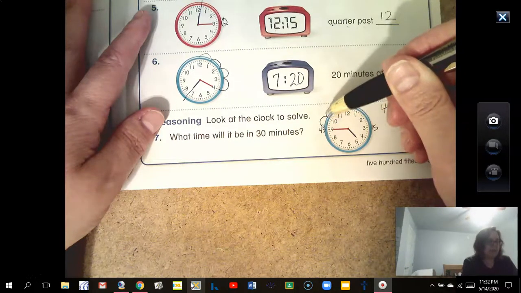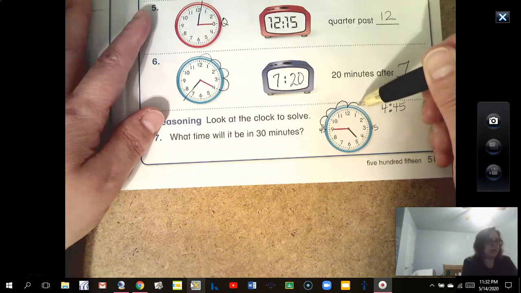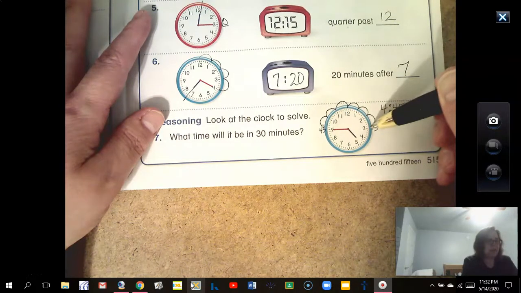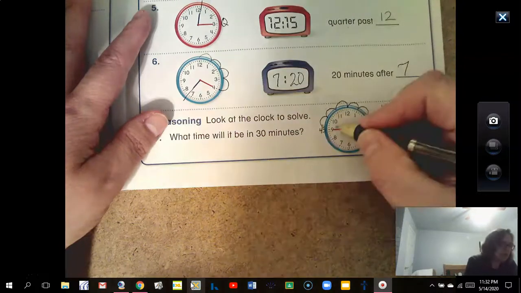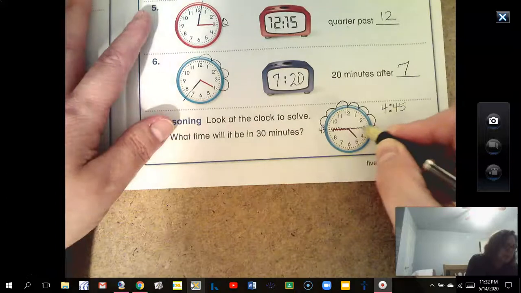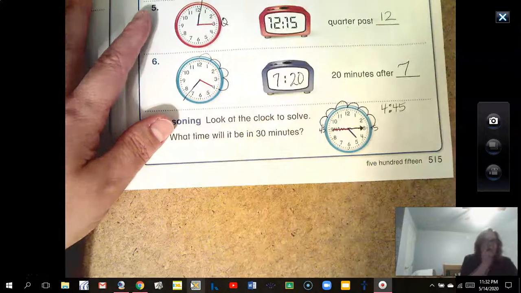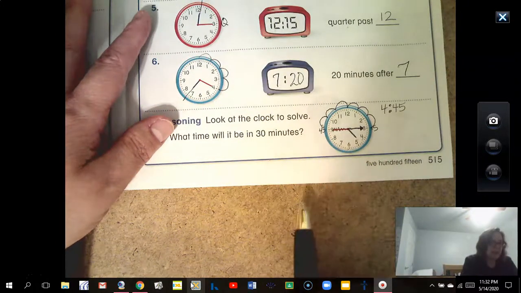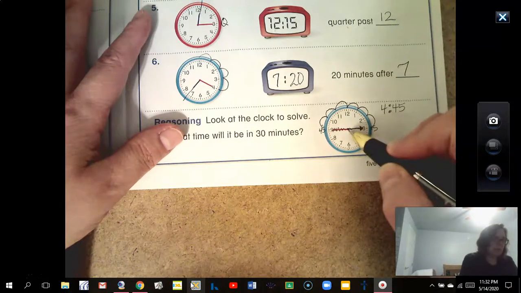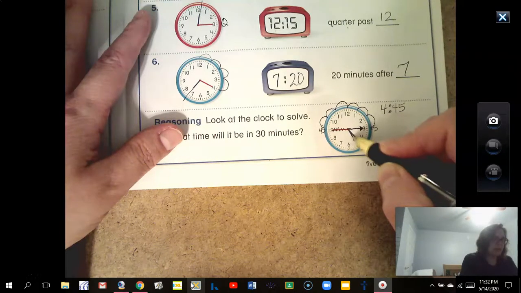5, 10, 15, 20, 25, 30. So now I'm going to move this minute hand like that. I'm going to move it over here. So now this is our new time. All right. So this little hour hand will have moved right over here about.